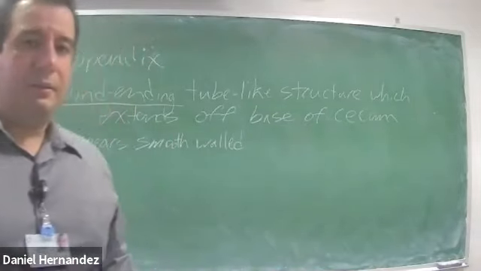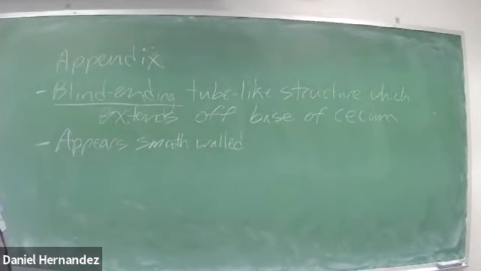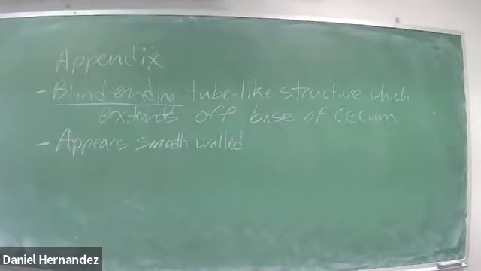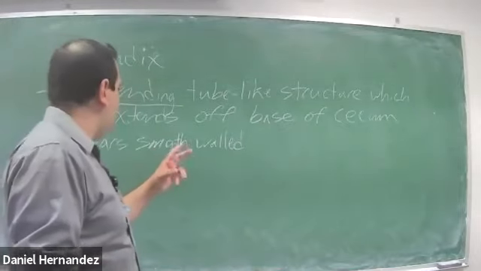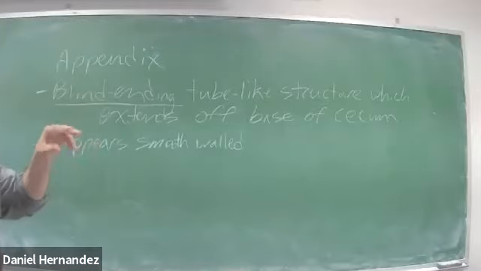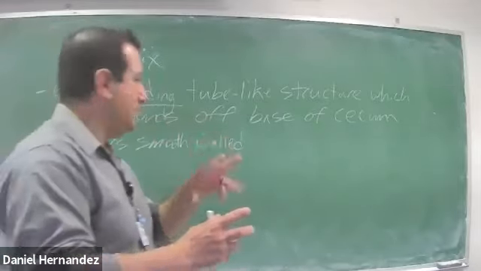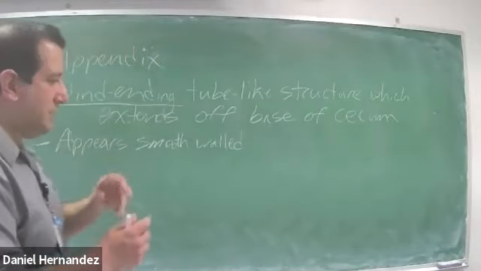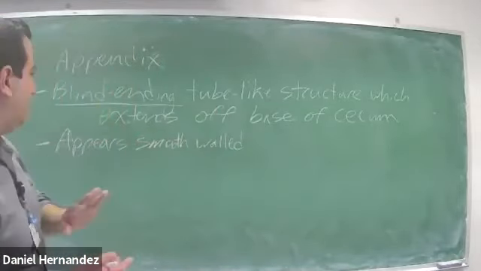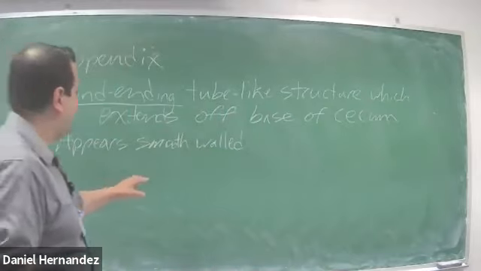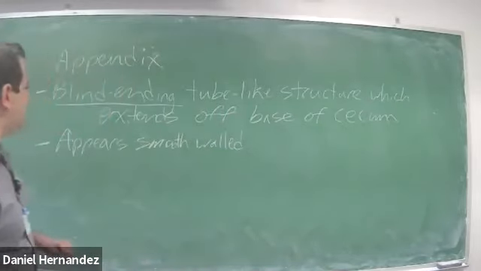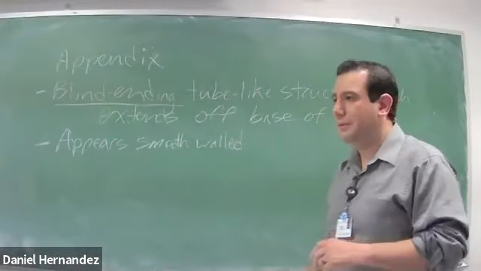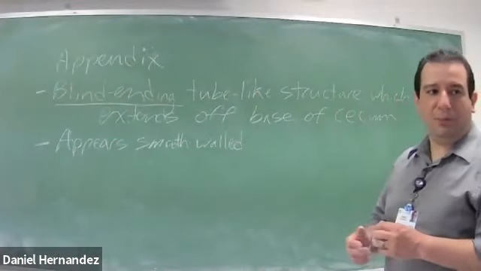The small intestine could potentially get mistaken for the appendix, loops of small bowel. But you'll notice the small bowel will have more undulations. You'll be able to really differentiate the difference in the two bowels. The small intestine is not going to appear as smooth as the appendix. It'll look more striated, and the walls will appear rougher.